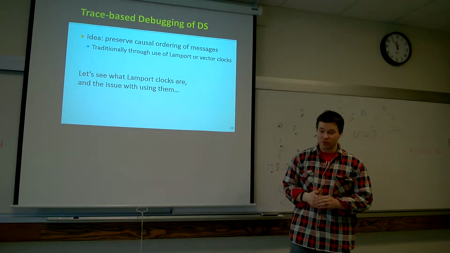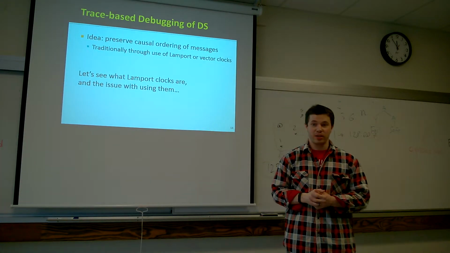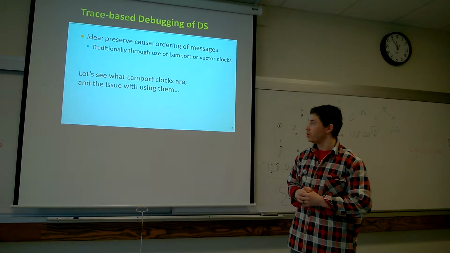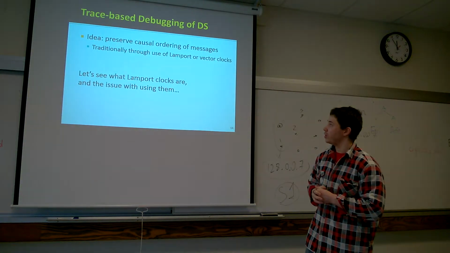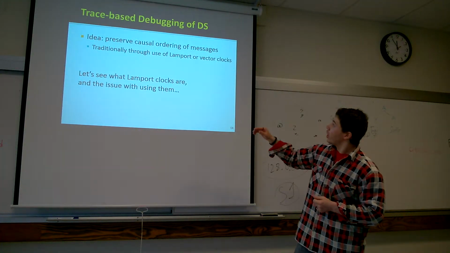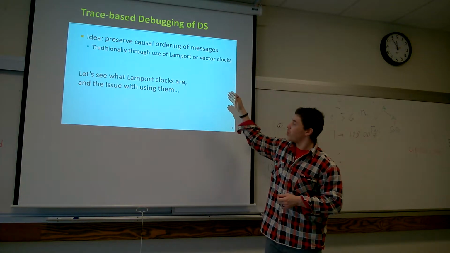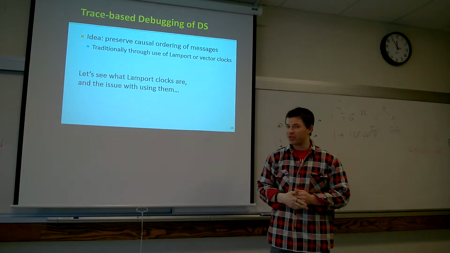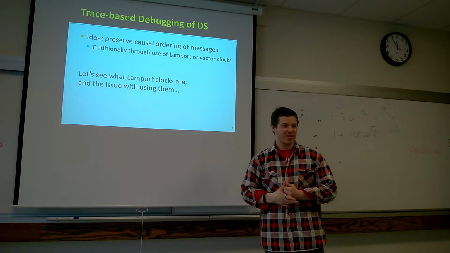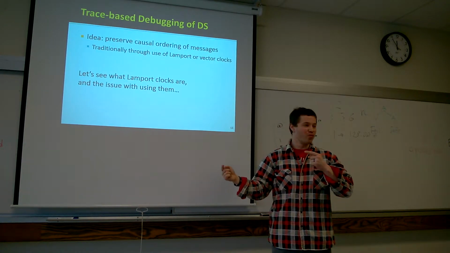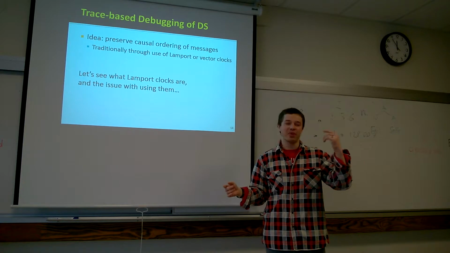Now, trace-based debugging of distributed systems, this is also what you've been asking for, what they're trying to do. The idea is that we want to preserve the causal ordering of messages. Causal is a nice word in the sense that it's about which message happened after another.